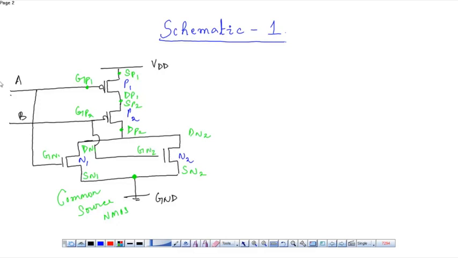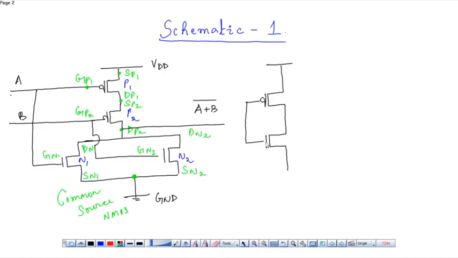Okay, now the obtained output from here will be A plus B bar. So here we have to design an inverter. We are very much familiar with the inverter schematic.